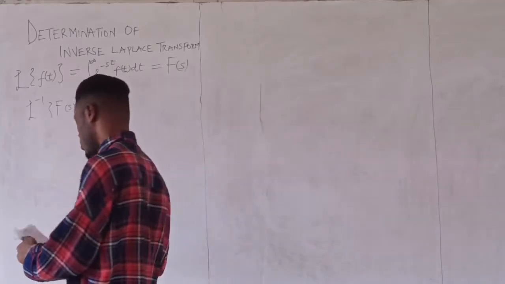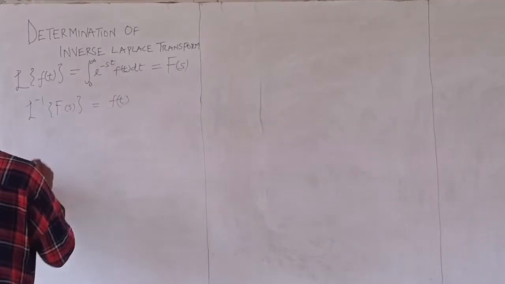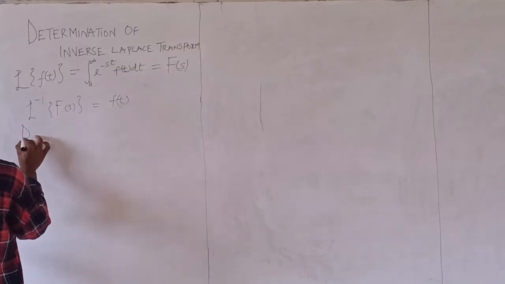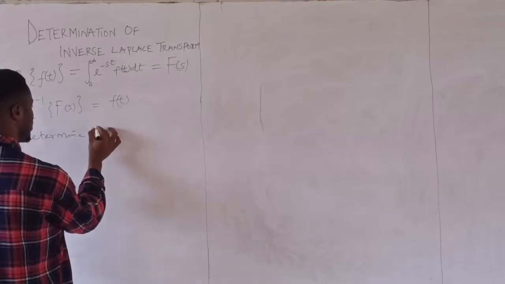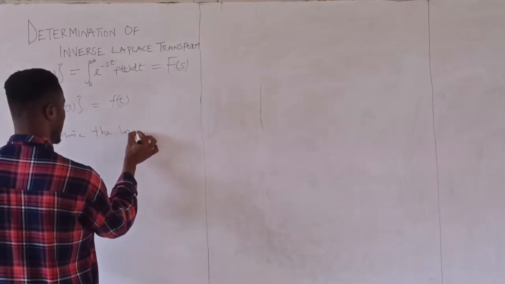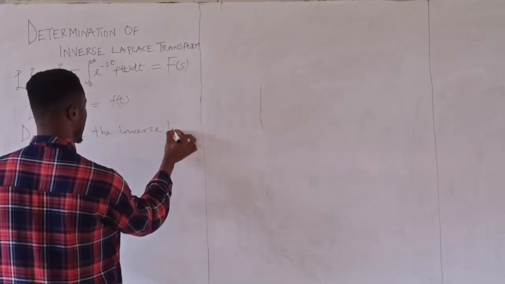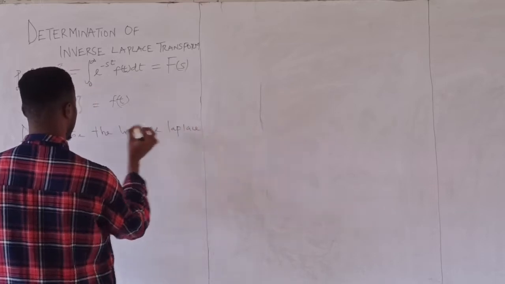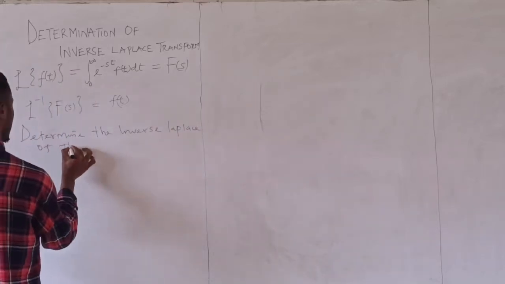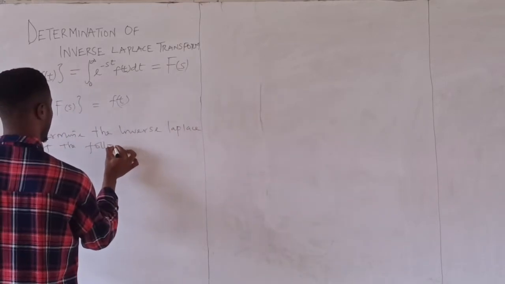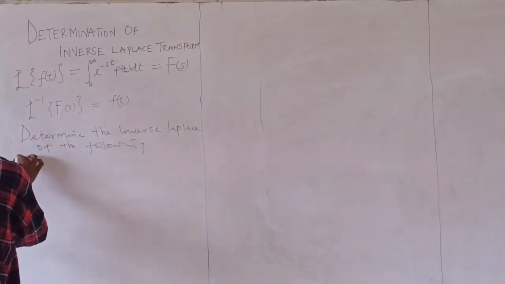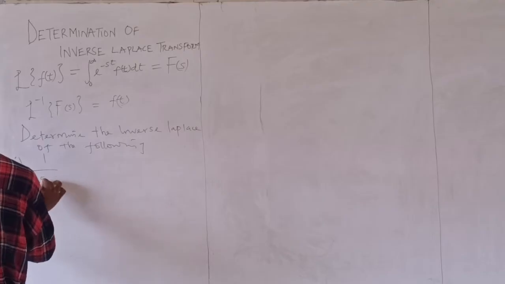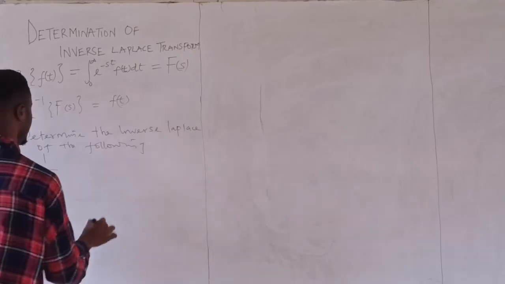Alright? So from what I have here, the question will be: determine the inverse Laplace of the following. I have 1 over s squared minus 1.